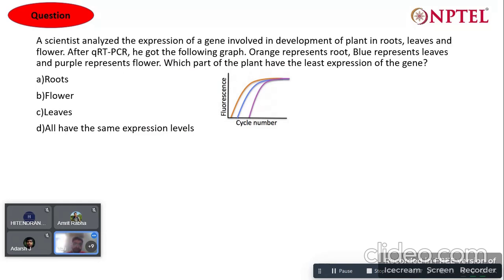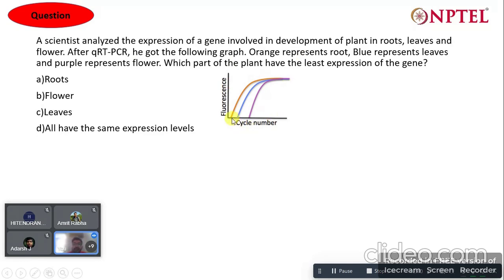So, a scientist analyzed the expression of a gene involved in the development of plants in roots, leaves, and flowers. He is using the qRT-PCR technique, and he got the following graph.